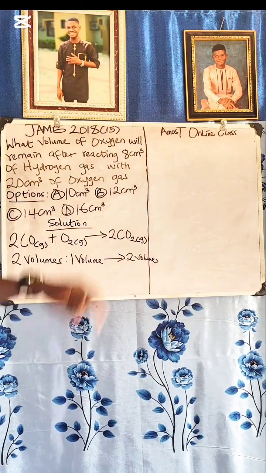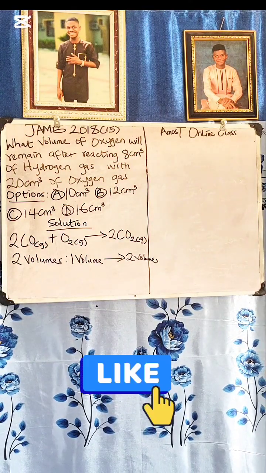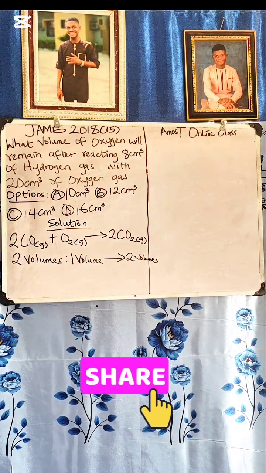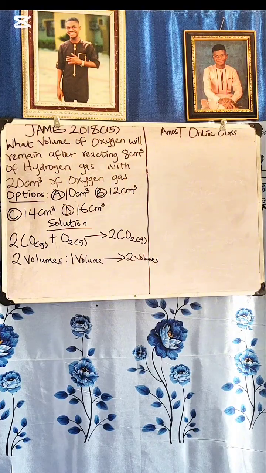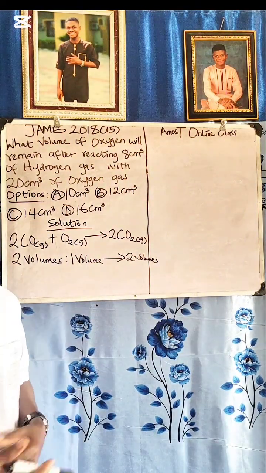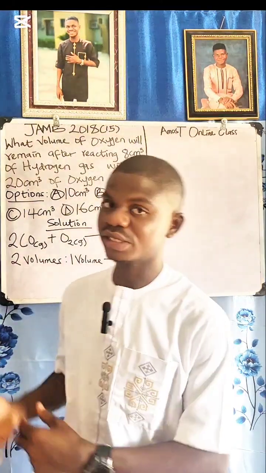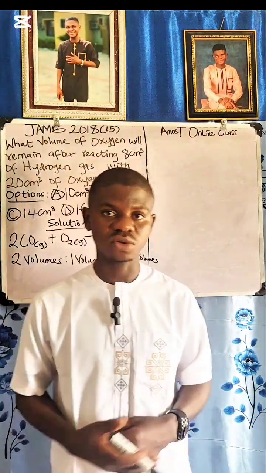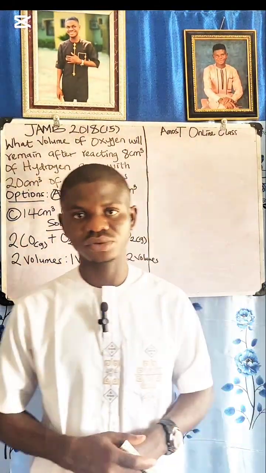The question says, what volume of oxygen will remain after reacting 8 cubic cm of hydrogen gas with 20 cubic cm of oxygen gas? The first step to solving this kind of question is to write a balanced chemical equation of the reaction between hydrogen gas and oxygen gas. So let's see the equation.